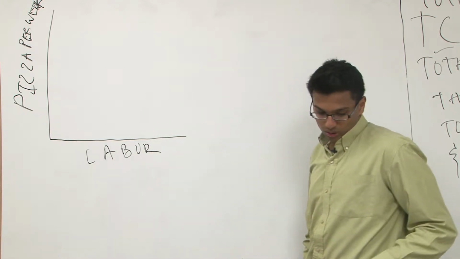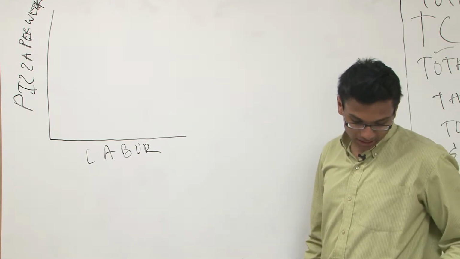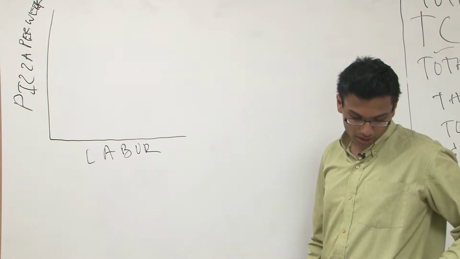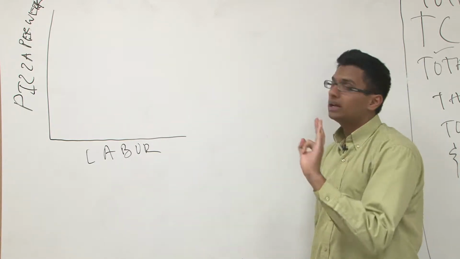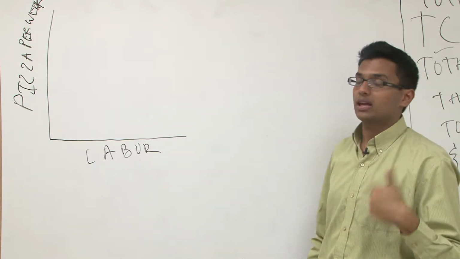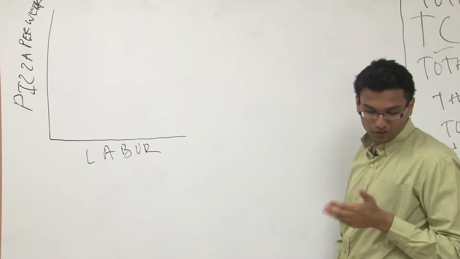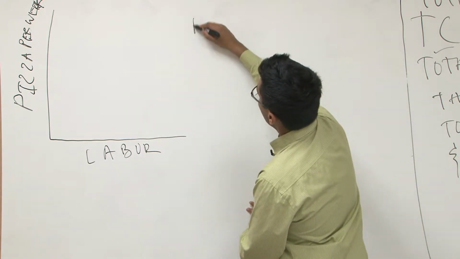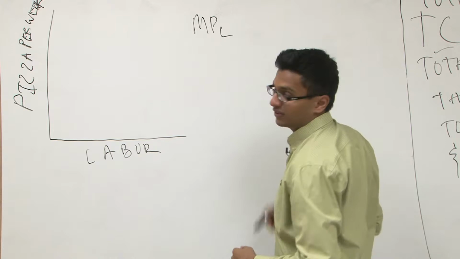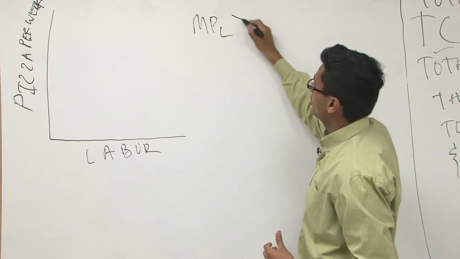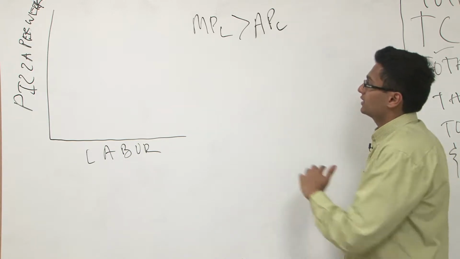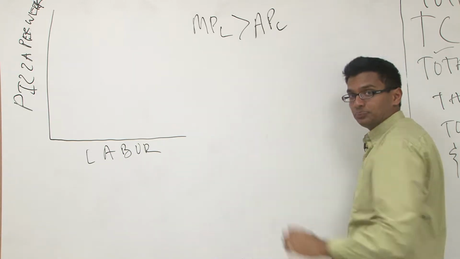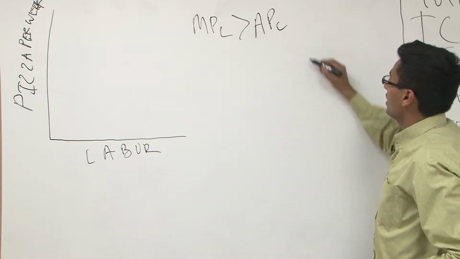All right. So if you take your average productive labor and marginal productive labor, typically speaking, there are 3 guiding principles to having a graph of MPL and APL. The first guiding principle: if MPL, your marginal productive labor, is greater than average productive labor, does that make sense? If MPL is greater than APL, APL is going to be rising.